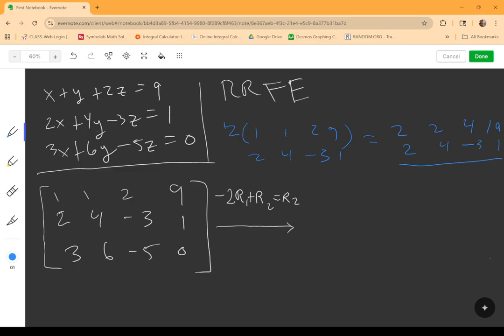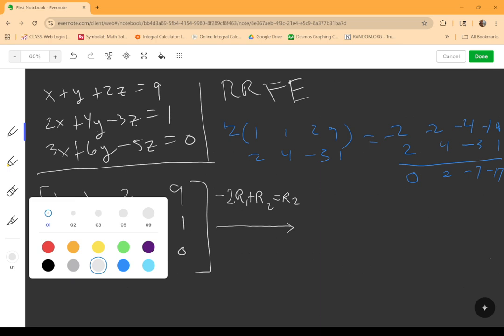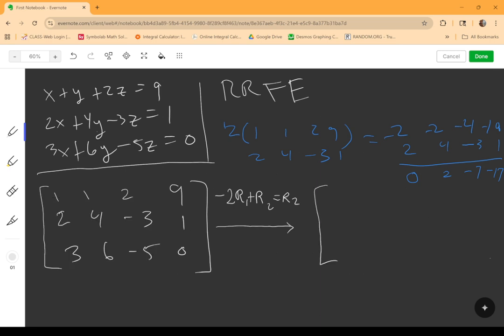Negative, negative, negative, negative. So when I add that, I get 0, 2, -7, -17. All right, so that is going to be my new row here: 0, 2, -7, -17.